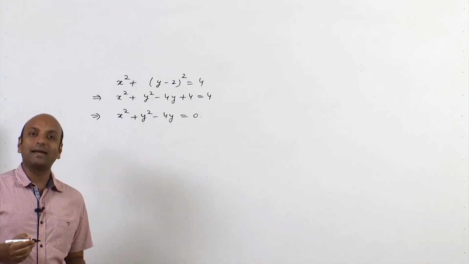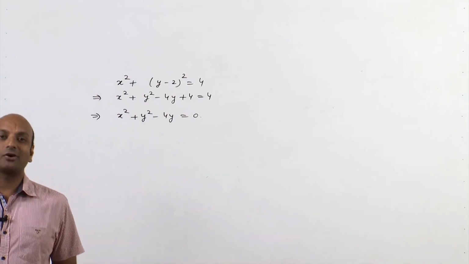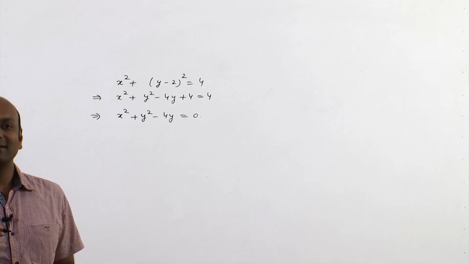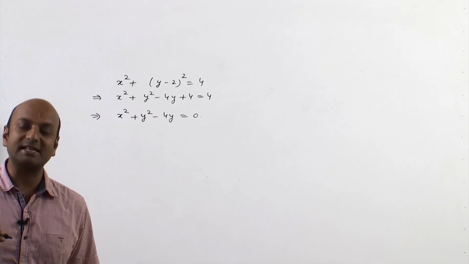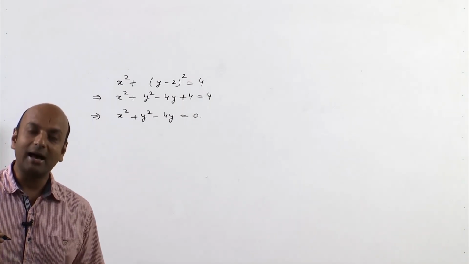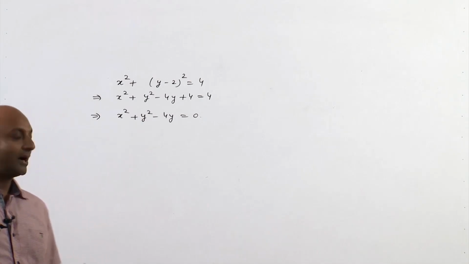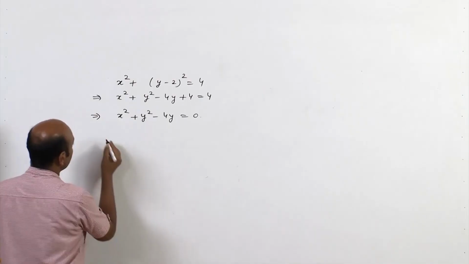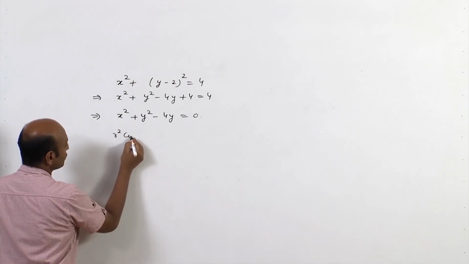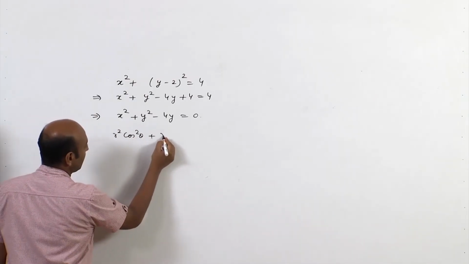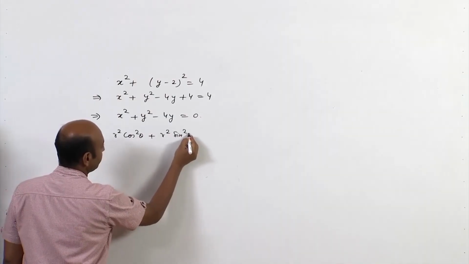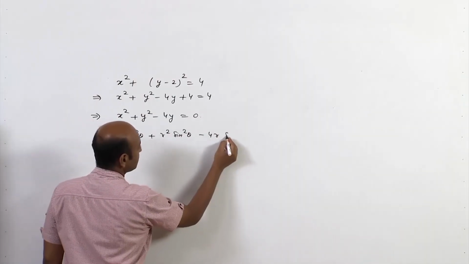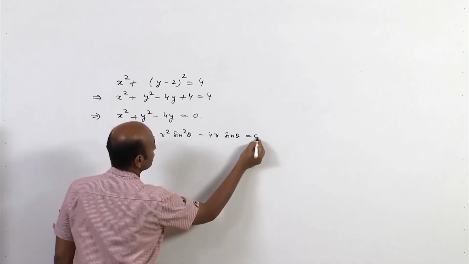Now, for polar coordinates, x is r cos theta and y is r sin theta. You simply replace x by r cos theta and y by r sin theta to find out the equivalent polar equation of this curve. So, it is r square cos square theta plus r square sin square theta minus 4 r sin theta, which is equal to 0.